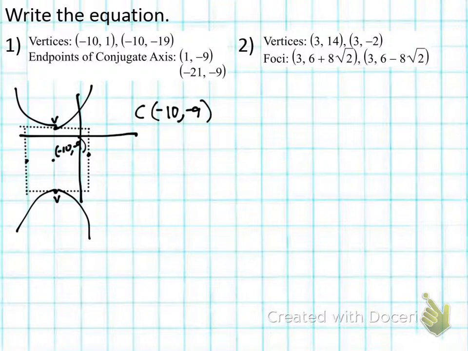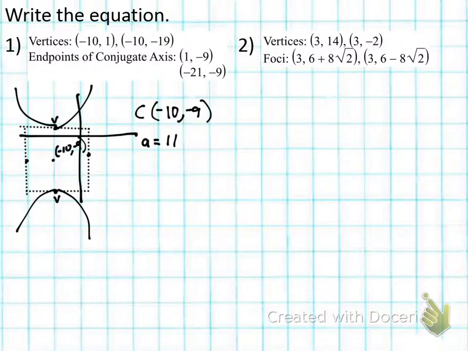So a is going to be the distance the center is from the vertex. So how far is negative 10, negative 9 from the vertex? You just count. We know this vertex is at negative 10, 1. So this one's negative 10, 9. So from here to here is 10 units. Or 11 units. Did I get that right? Yeah, 11 units. Did I do that right?